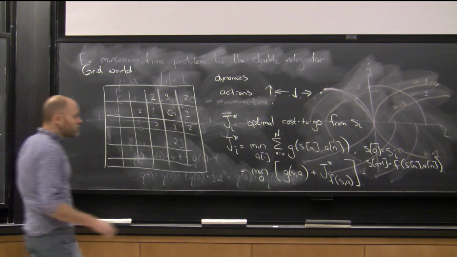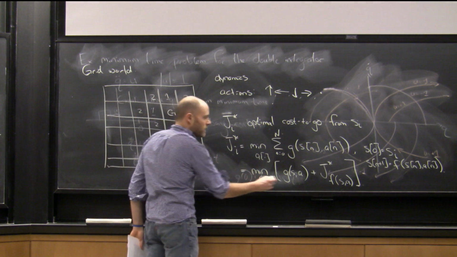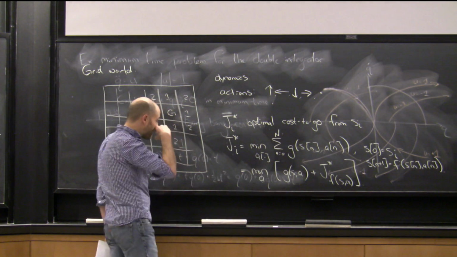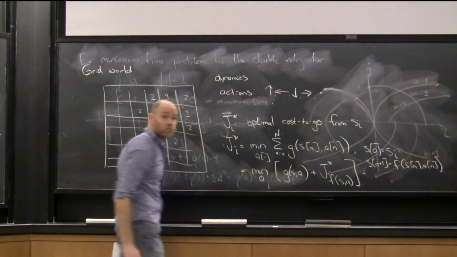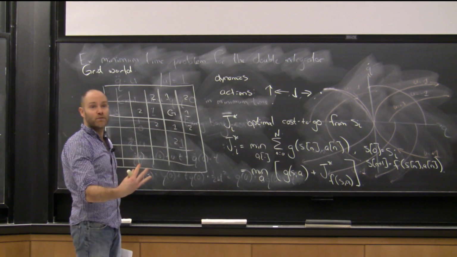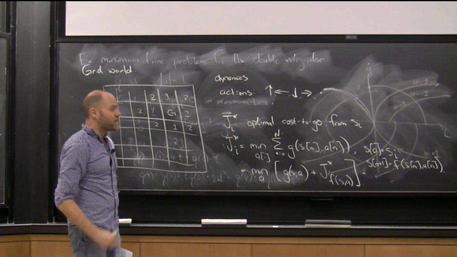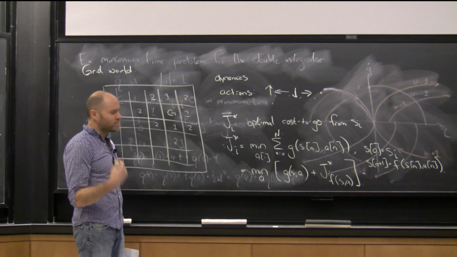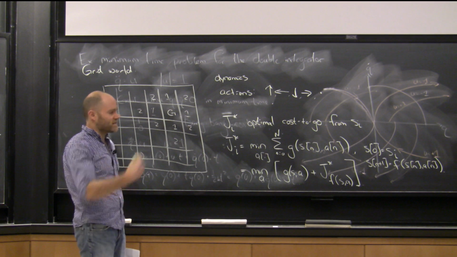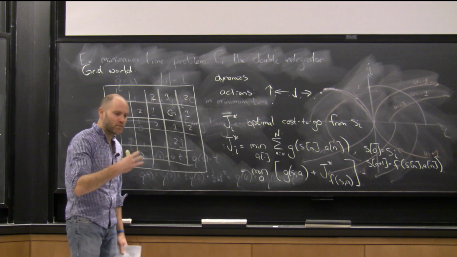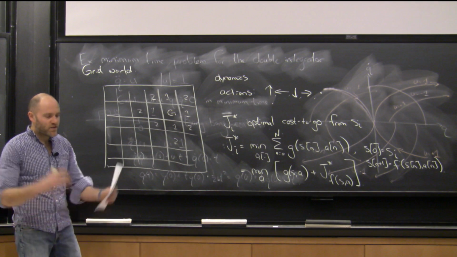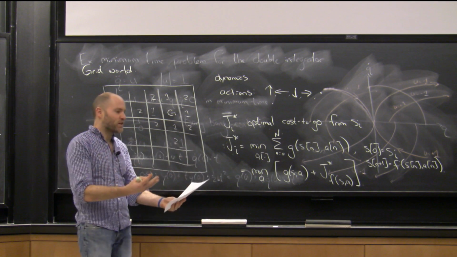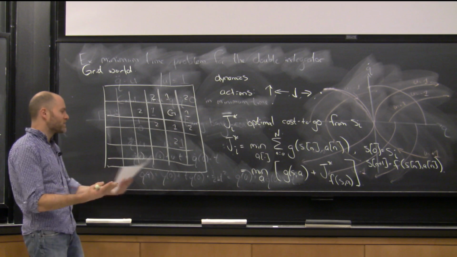Okay, so this is a recursion which defines, if J star is in fact the optimal cost to go, then it should satisfy this equation. That's a property of the optimal solution J star. The amazing thing, which is sort of a special case in the optimization world in my mind: there's a couple places where we have general tools for optimization, and then there's a couple of things out there that just have special case solutions that are magical and good.